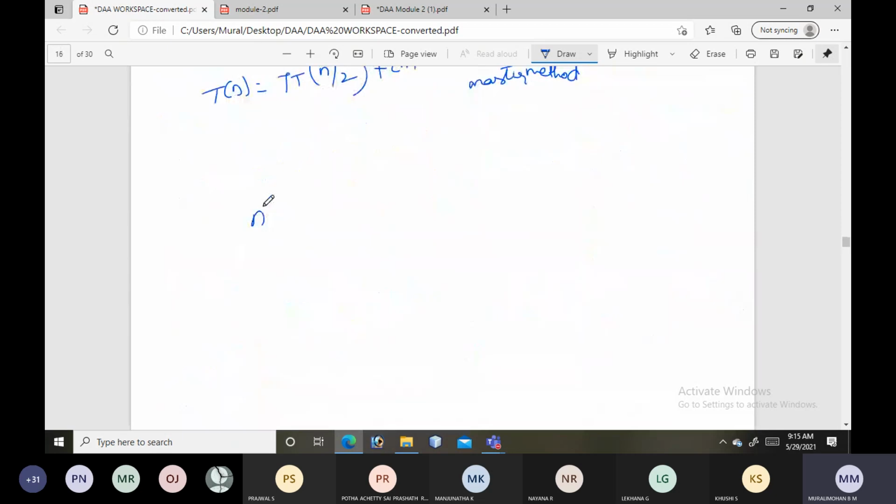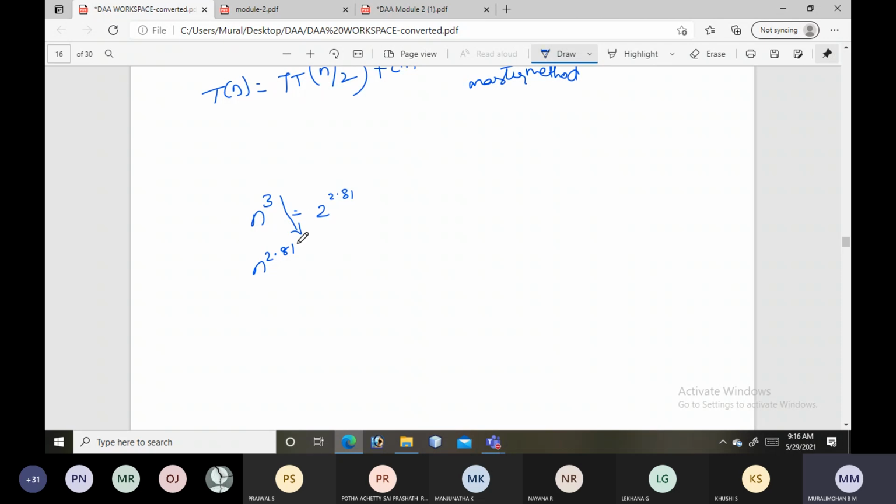Previously it was taking n cube, but now it is taking n to the power 2.81, right? Previously we had 3, now it is 2.81. So this is a reduction in time by using Strassen's matrix multiplication.